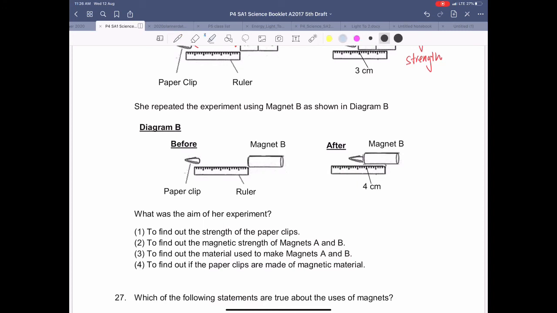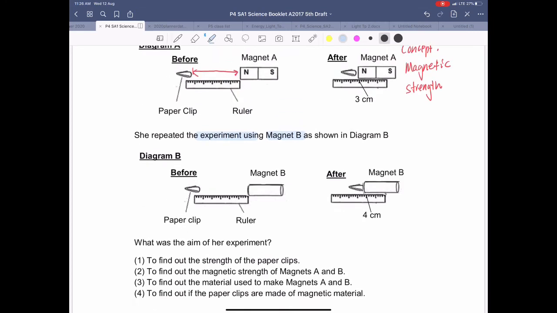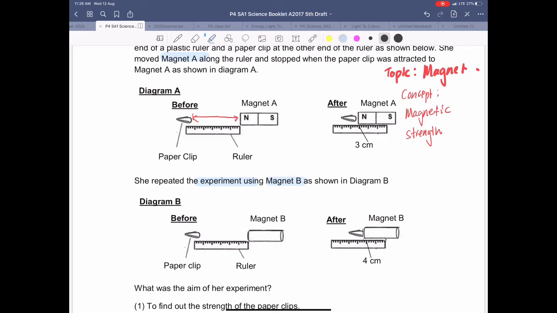So like what I told you, she then repeated the experiment using magnet B. So what is the aim of the experiment? Like I told you, from this experiment, you need to recognize that the concept they are testing you on is magnetic strength. So obviously, the stronger the magnet, the longer the distance, which I'm going to highlight in pink color, it would need to be.